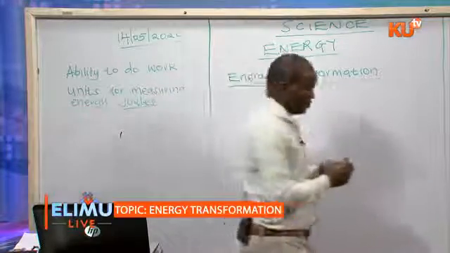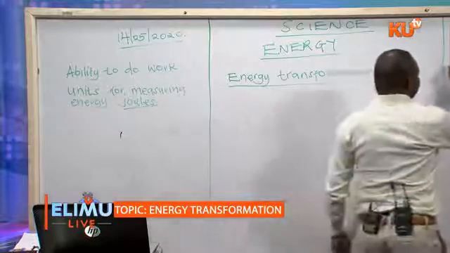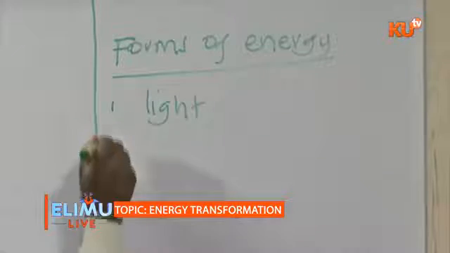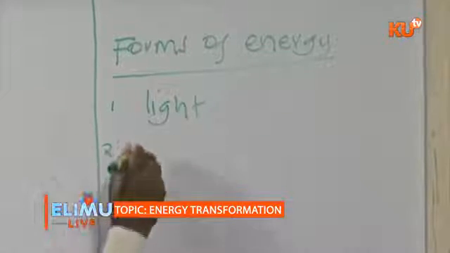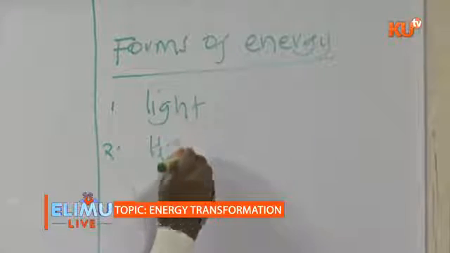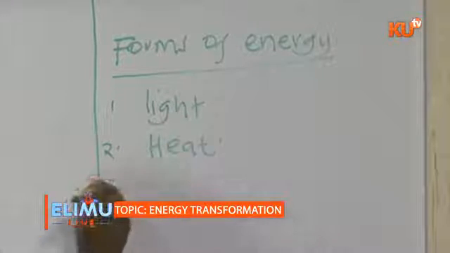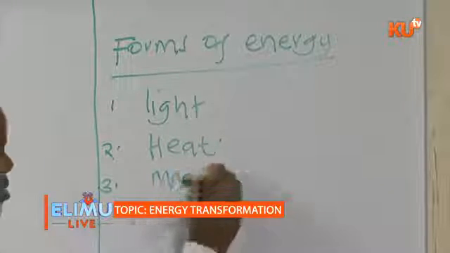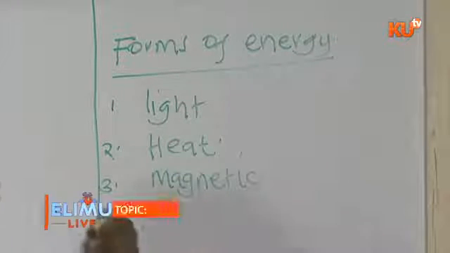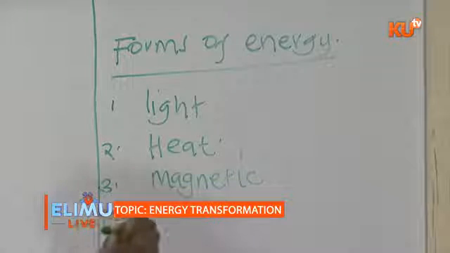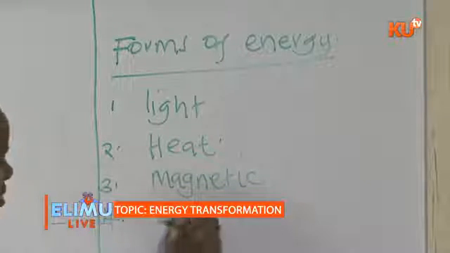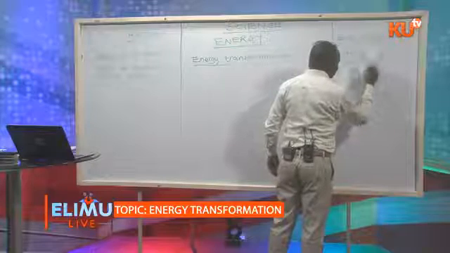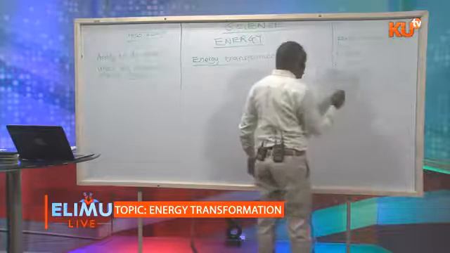The first one is light. Number 2 is heat. Number 3, magnetic. Number 4, electricity or electric energy.